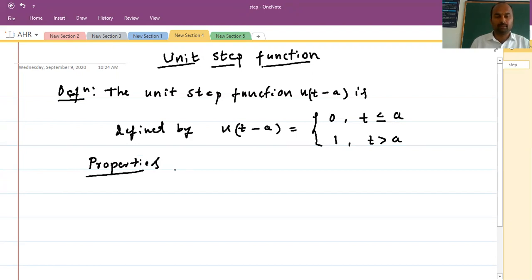So properties, first one: Laplace transform of u of t minus a will be e to the power of minus as.